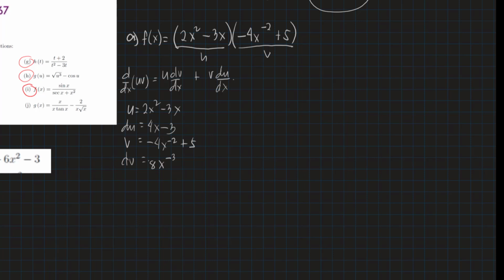And then, let us substitute it in the formula. So that will be u dv.